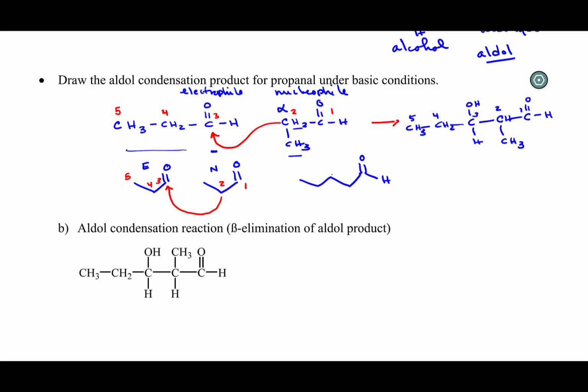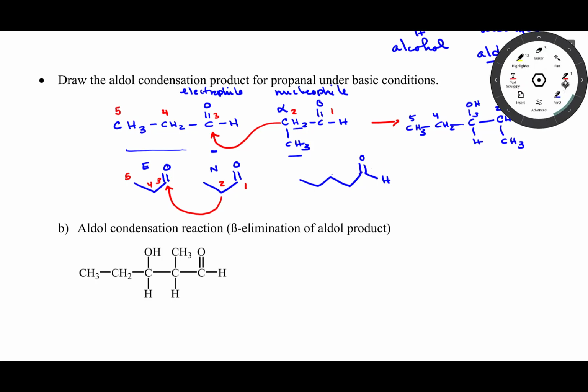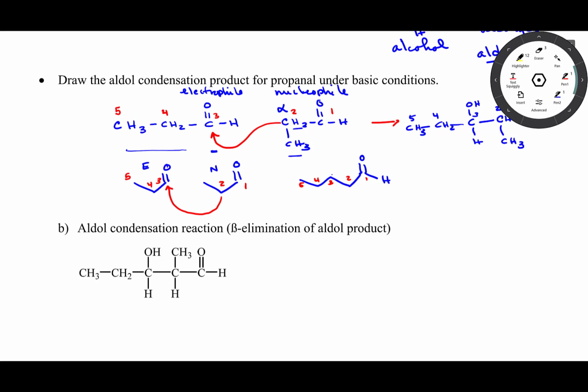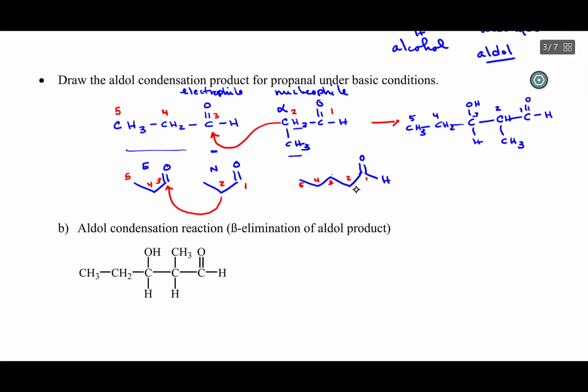Now on carbon number 2, again, let me number these. This is 1, 2, 3, 4, and 5, like that. So on carbon 1, I had the carbonyl. On carbon 2, I had a CH3. On carbon 3, I have the alcohol, like this. And then that's my aldol product.